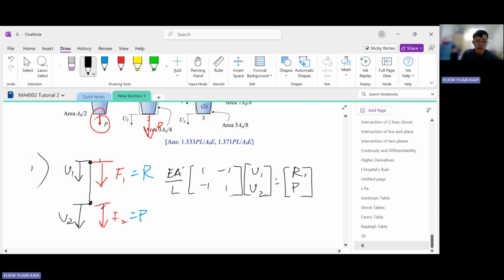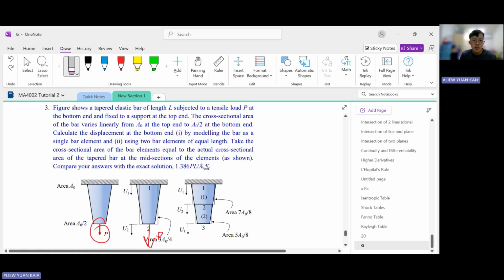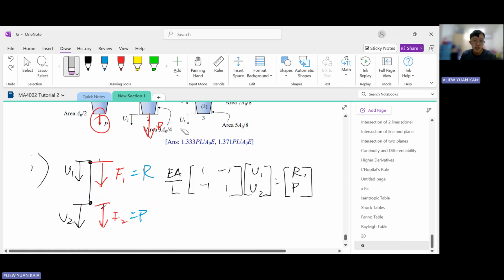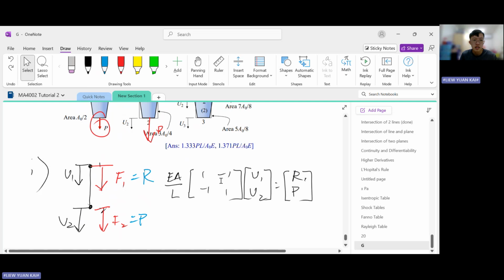So what is A, what is E, what is L? E is the Young's modulus of the bar, A is the cross-section area of the bar, and L is the length of the bar element. It's said to have a length L, so we can just keep L as it is.